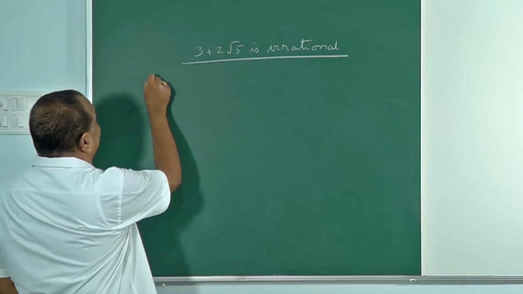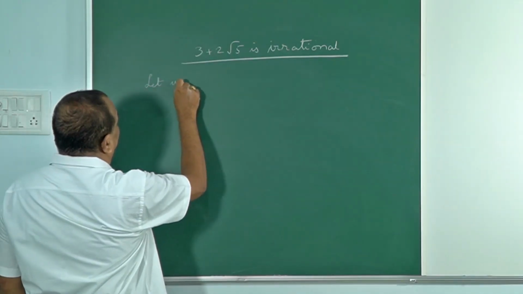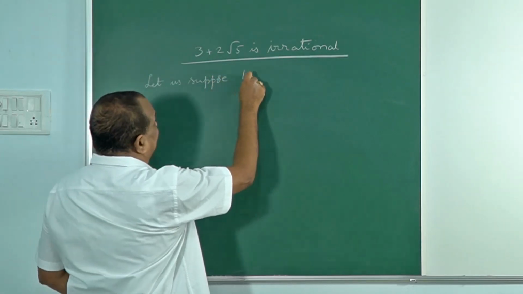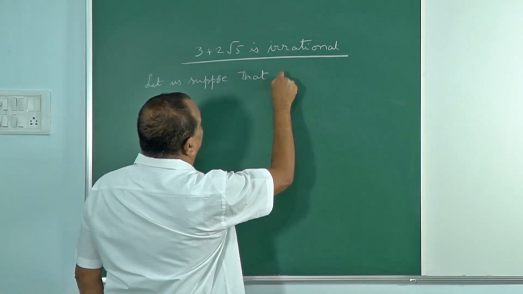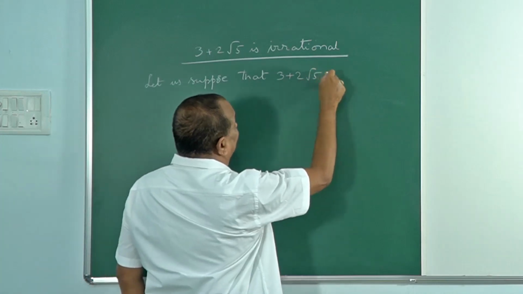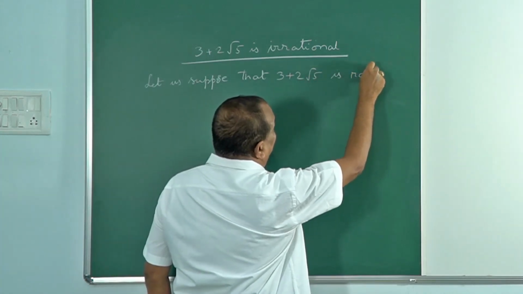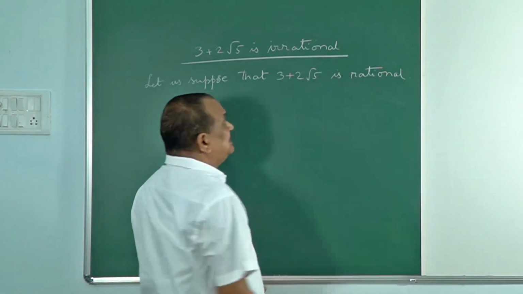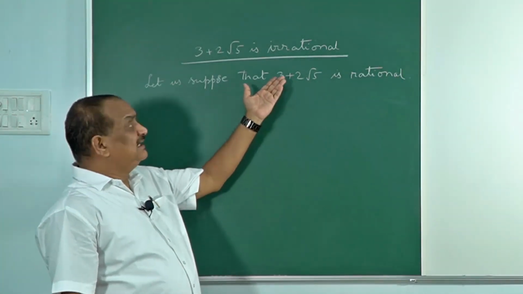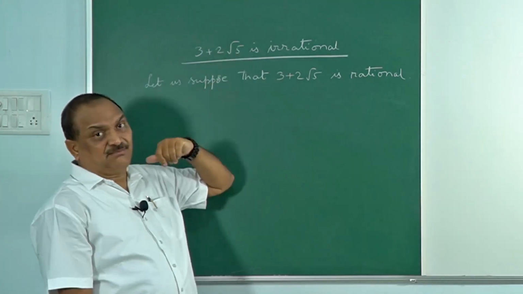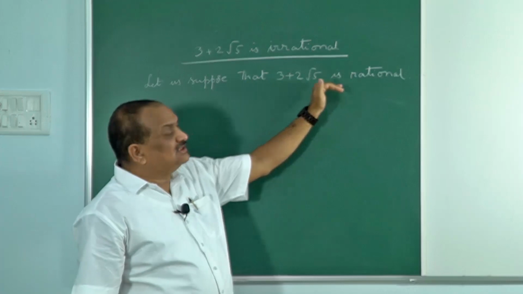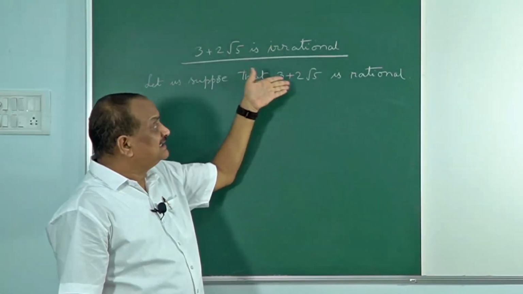Let us suppose that 3 plus 2 root 5 is rational. This is exactly the negation of the given statement. That's what you have to prove. You are thinking that this is true, not that one.